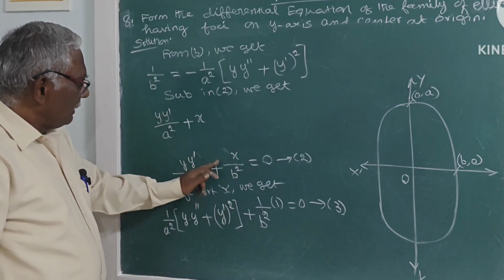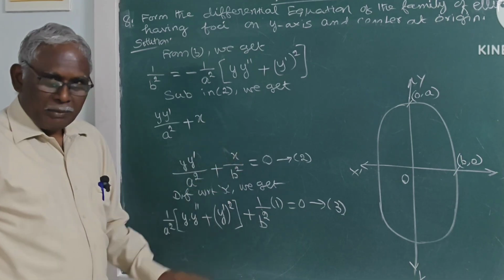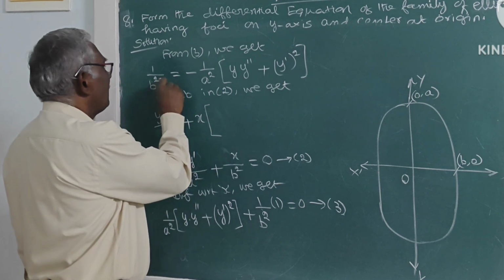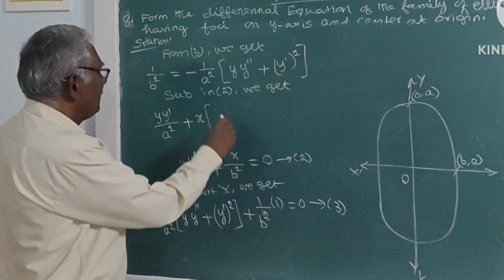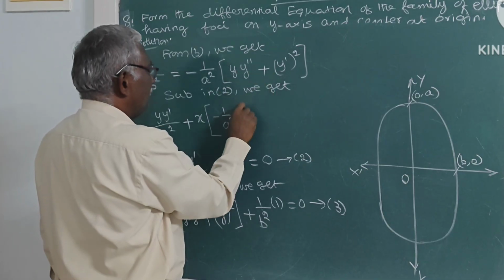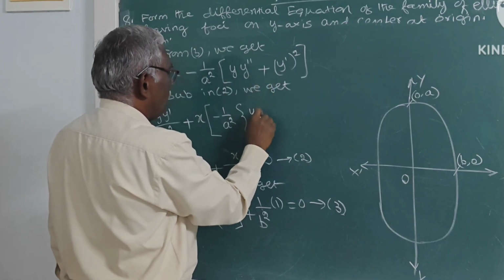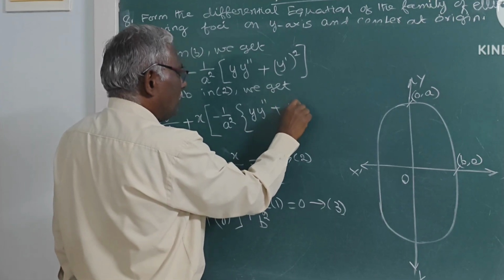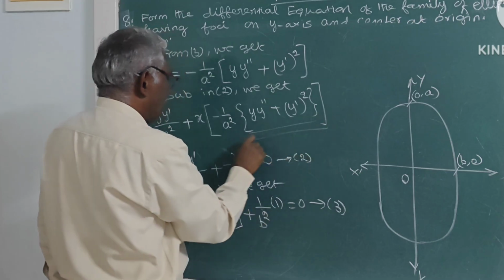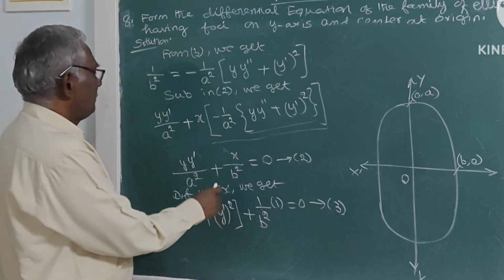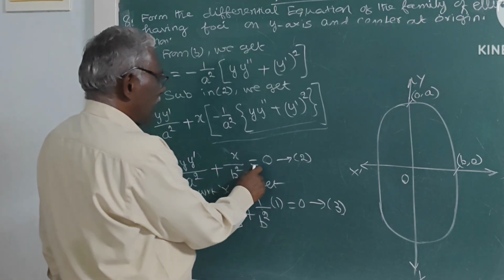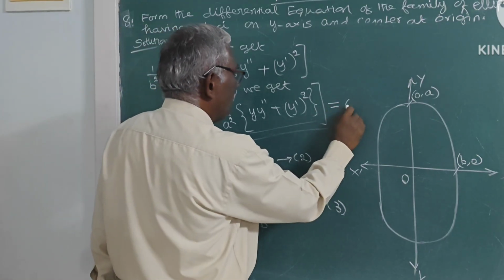For that 1 by b square, I am going to write these things: minus 1 by a square, then this will be y double dash plus y dash square, is equal to 0.